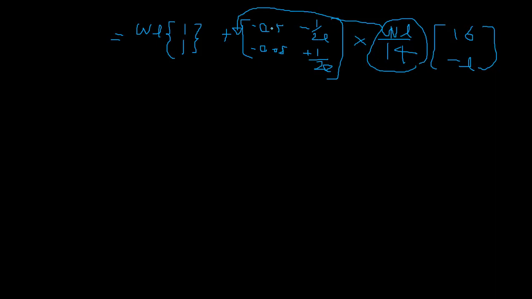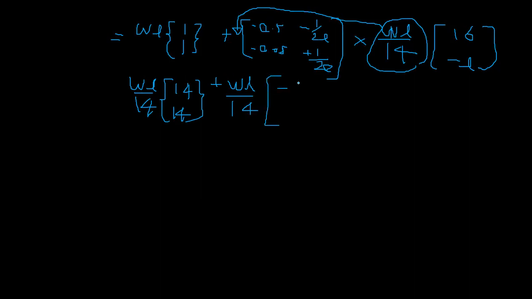So matrix multiplication. WL over 14. So I will make this WL over 14. If it is WL over 14, the coefficient should be 14 and 14. So when you multiply 1 over 14 into 14, it's 1. 1 over 14 into 14, 1, right? So minus 0.5 into 60. So that is 8, right?